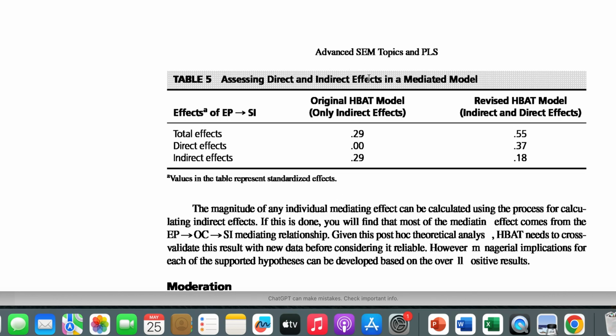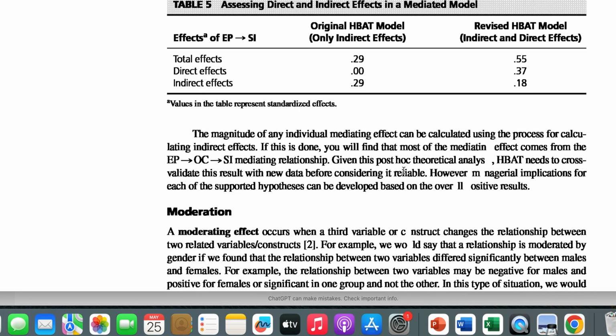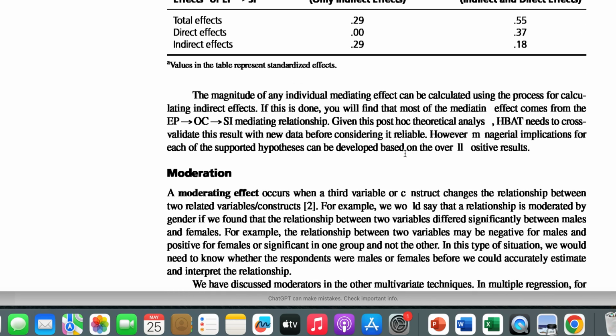Here is an advanced structural equation modeling topic in PLS. This is our chapter name, and Table 5 assesses the direct and indirect effects in a mediation model. This is the effect in the original model and the revised model. The values in the table represent the standardized effects.